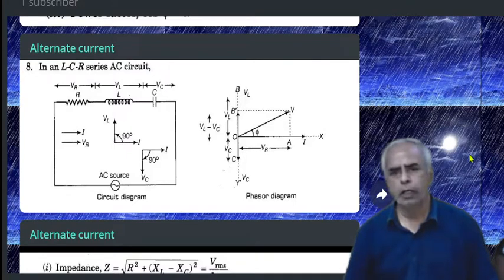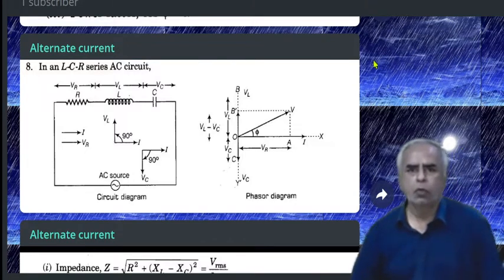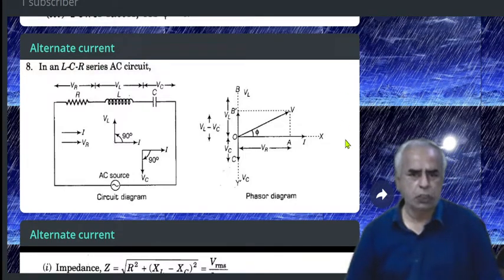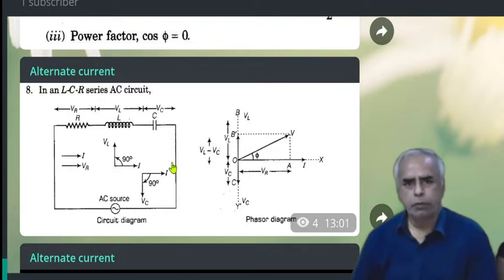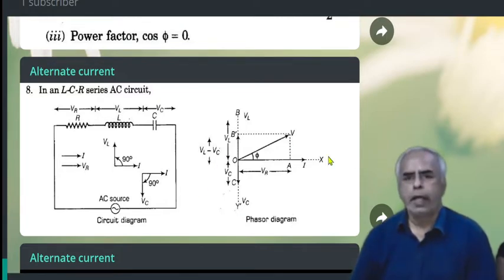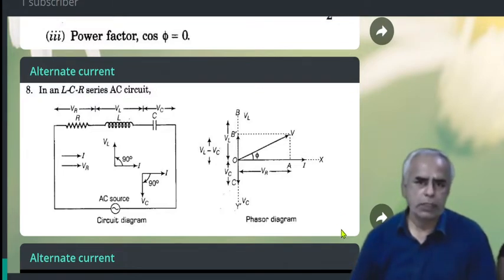Now let us consider the phasor diagram. So along x-axis you have got current. Along y-axis you have got voltage. So in the y-axis we have got VC, the capacitor voltage, on the negative y side, and on the positive y direction we have got VL.